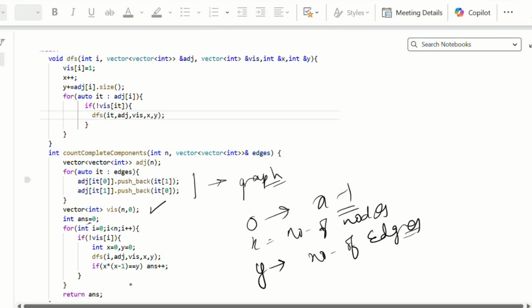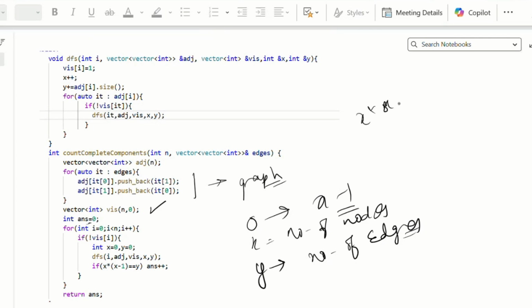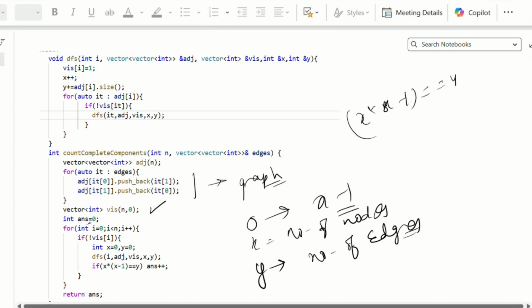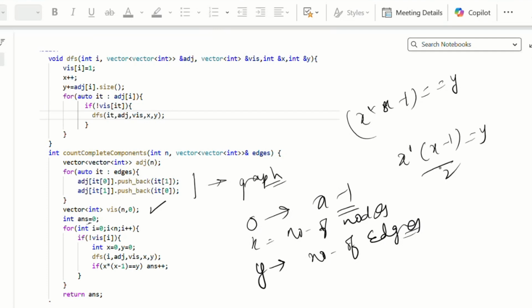We pass these into the function, and after coming back from it, we check whether x into x equals y. But we have seen previously that x into x minus 1 divided by 2 equals y. So why are we not dividing by 2?